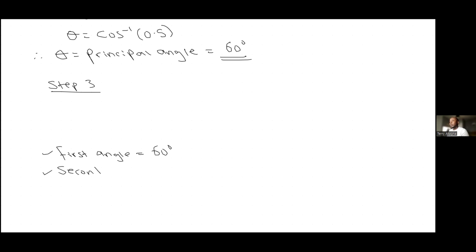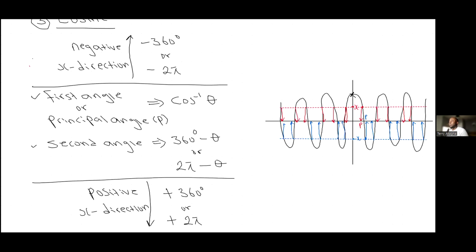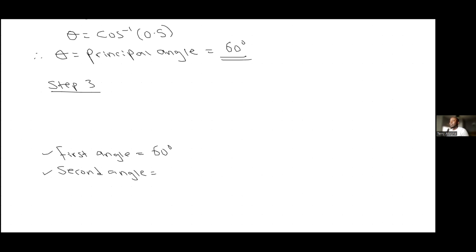Because we're working in degrees, it's going to be 360 minus theta, right? So it's going to be equal to 360 minus the theta here, which is what? 60 degrees. Are you seeing it? And this is going to give us what? 300 what? Degrees.